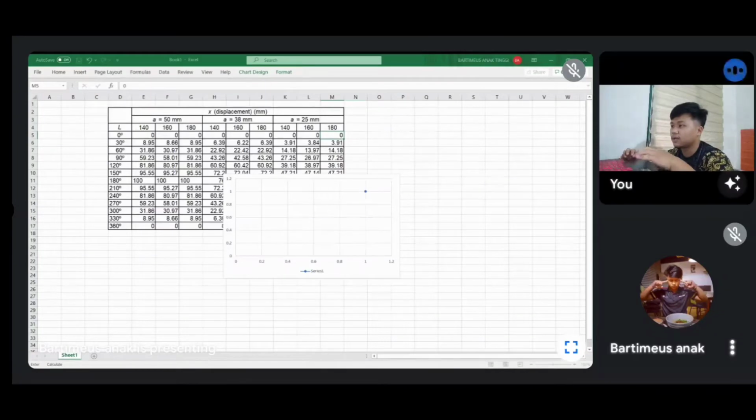So for the x axis, which is rad, radian, I will choose this row. For the y, 140.